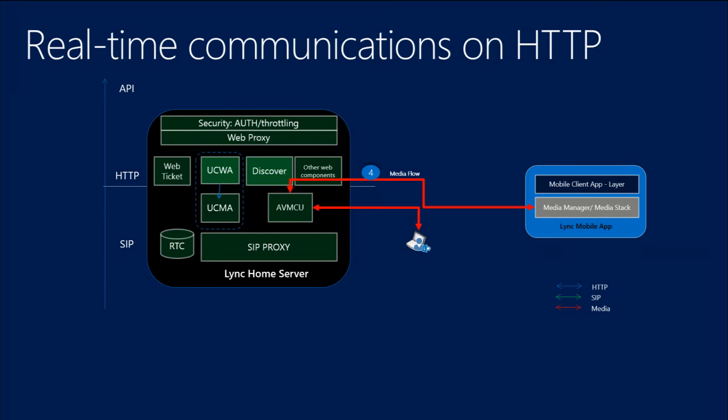If I'm an internal Wi-Fi user, I can actually have a peer-to-peer audio call with another client or with some other MCU application, like the AV MCU, or if I'm calling response group services, we have the ability to talk directly with those other devices.